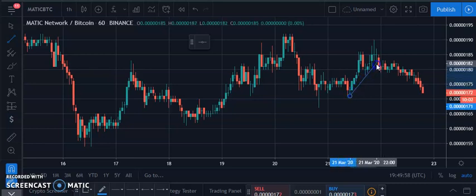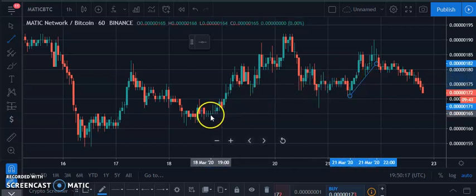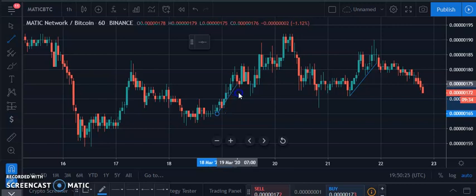This is actually an uptrend. From here to here, the market started moving, and look at the places it touched: 1, 2, 3, 4, 5. The same thing applies here. This is equally an uptrend, so we can also draw it from here, take it up, and it ends here.